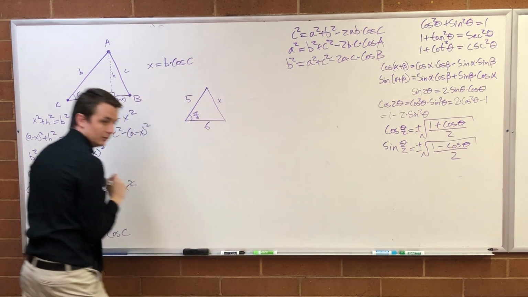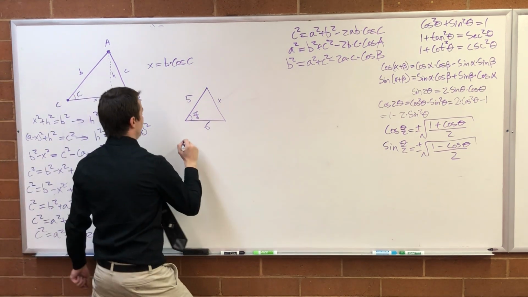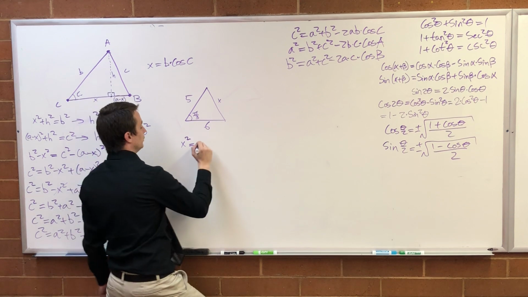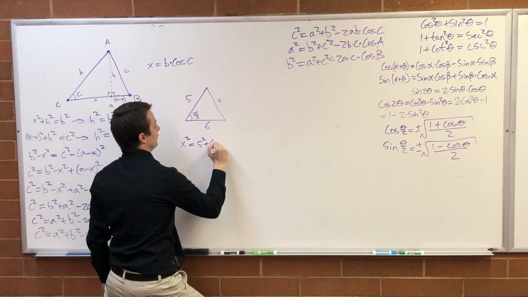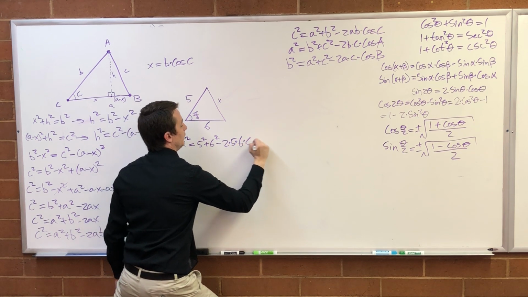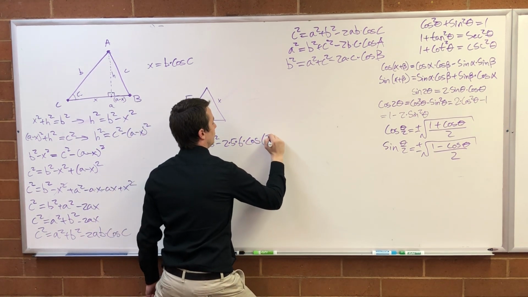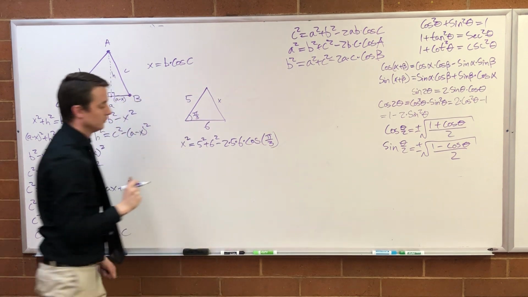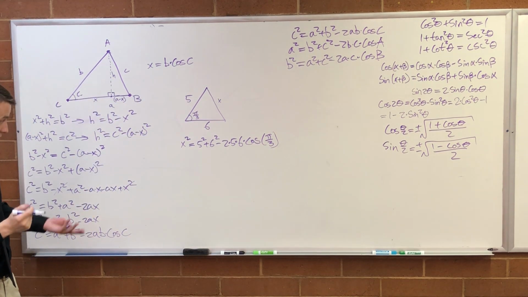We'll just call it x. Looking at our formula, I know that x squared is equal to 5 squared plus 6 squared minus 2 times 5 times 6 times cosine of pi thirds. Just plug it into the formula.